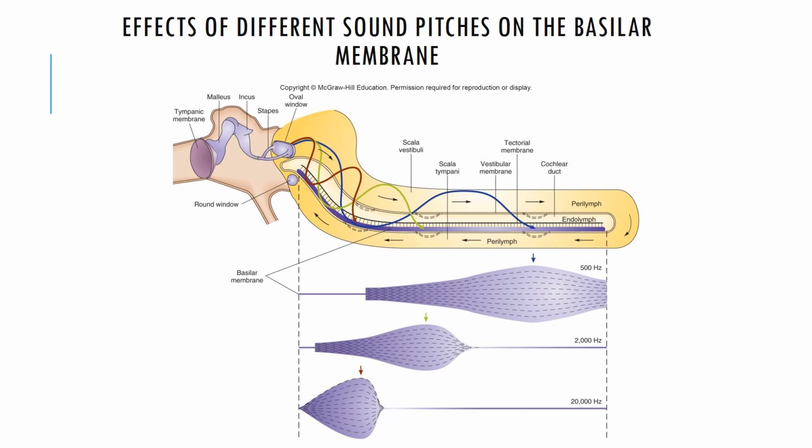So low frequency sounds are going to travel further down the spiral of the cochlea and are going to be interpreted here towards the apex of the cochlea. High frequency sounds are going to be interpreted within the base of the cochlea, and then middle frequency sounds will be somewhere within the middle.